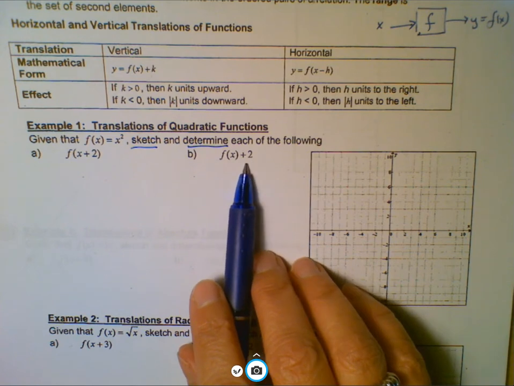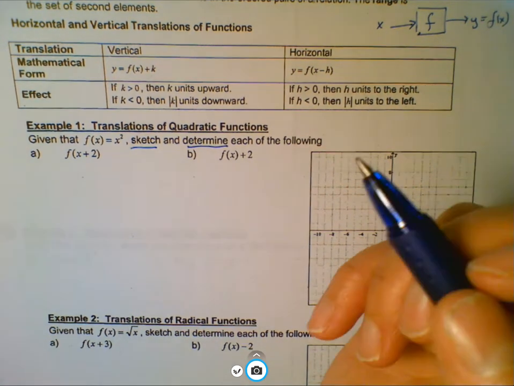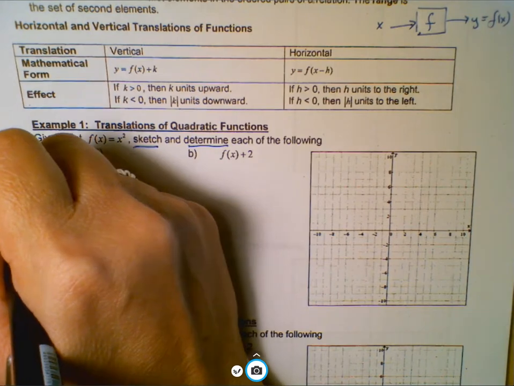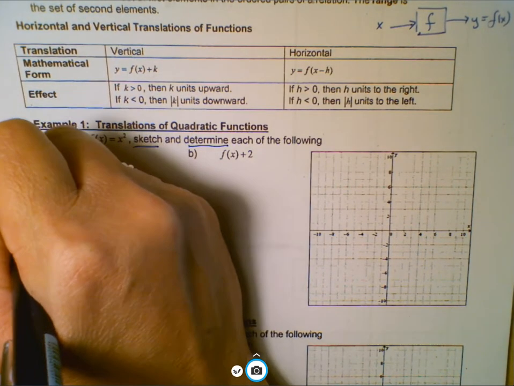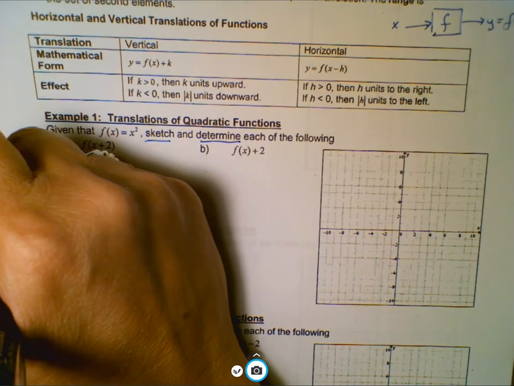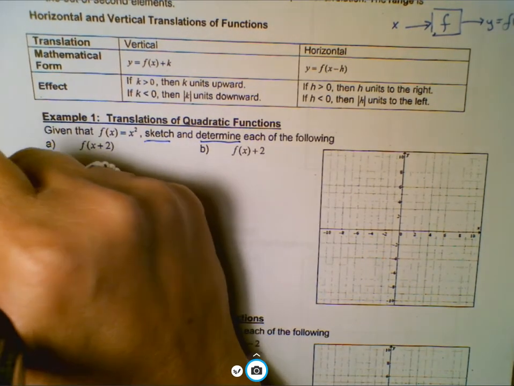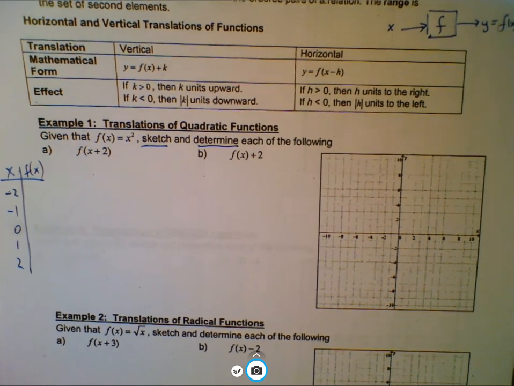F of x and then the 2 is outside. So what I'm going to do is start by drawing our basic vanilla quadratic on the side here. We can always use these points: -2, -1, 0, 1, 2. For our purposes in this class, these points are sufficient.